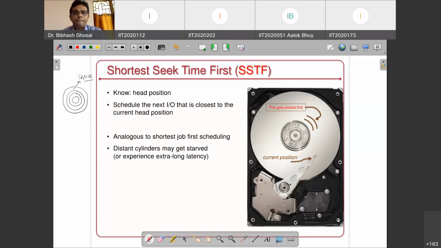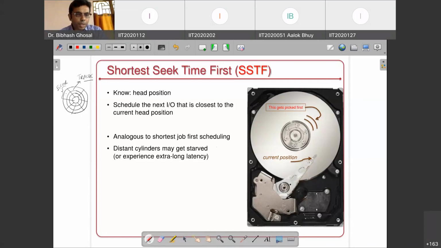These tracks are divided into a number of sectors. So this is called a sector, and the data that you store is within this. There are magnetic dots stored within the sector. So this is sector 0, sector 1, sector 2, in this way. This is one single disk.